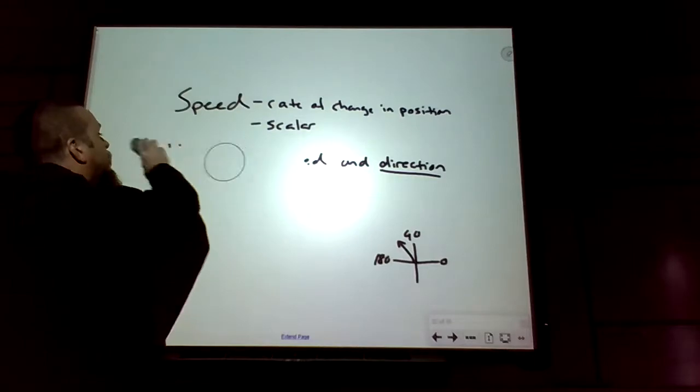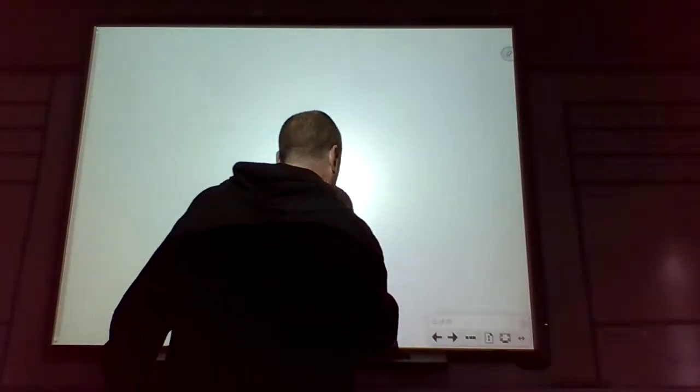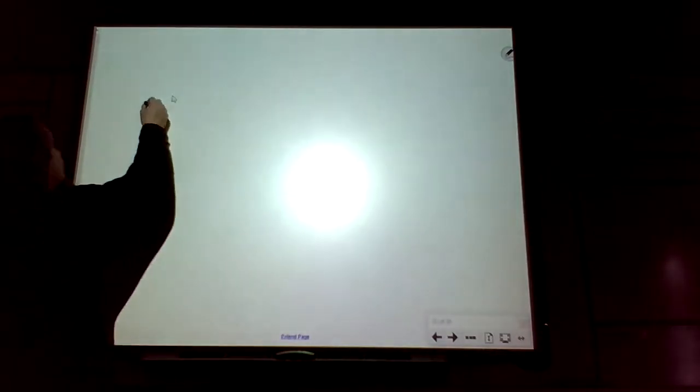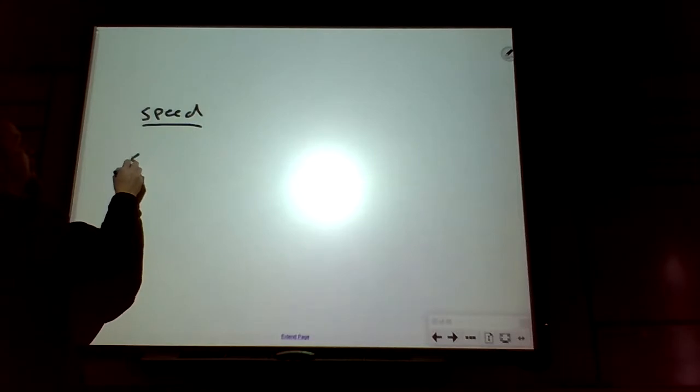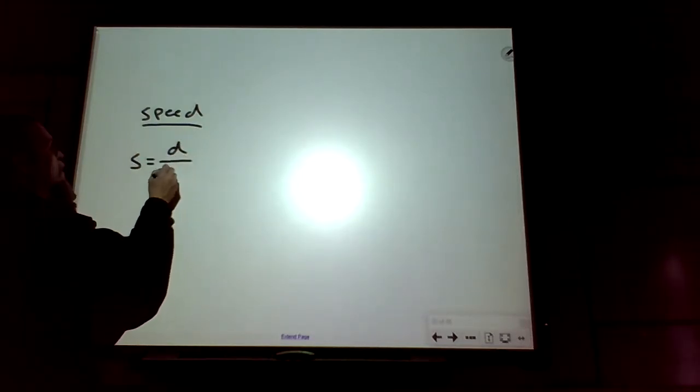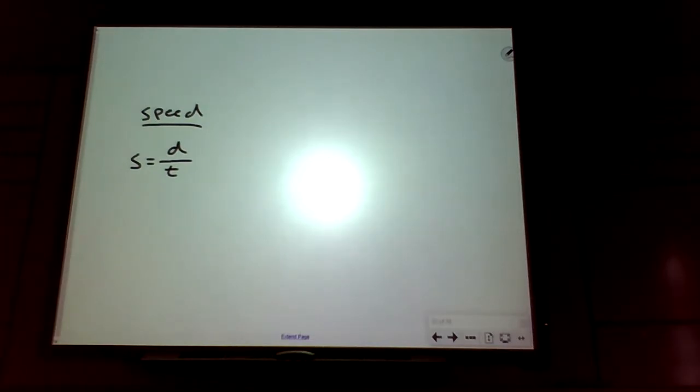The equations for the two look remarkably similar. Speed, the equation is speed equals distance divided by time. Sometimes we put a delta in front of the t, sometimes we don't. Don't let it fool you. That just means change in time.